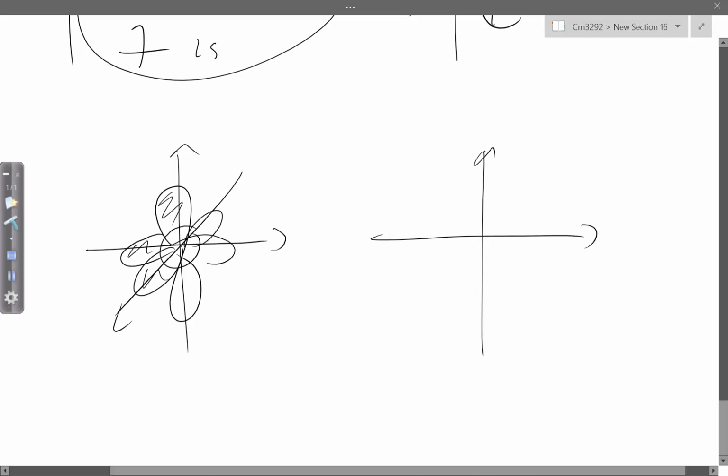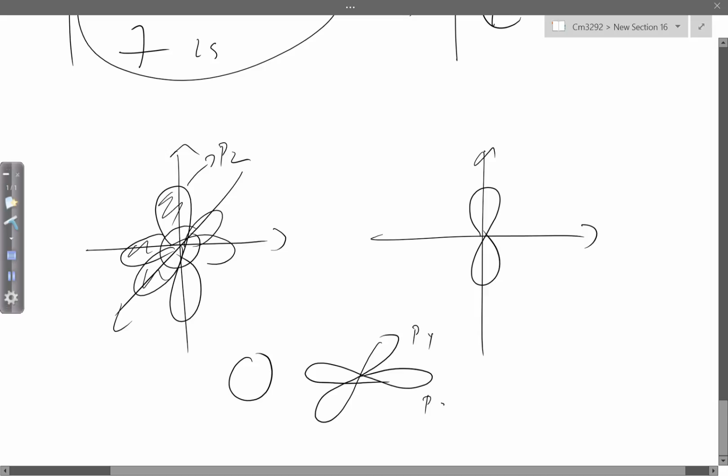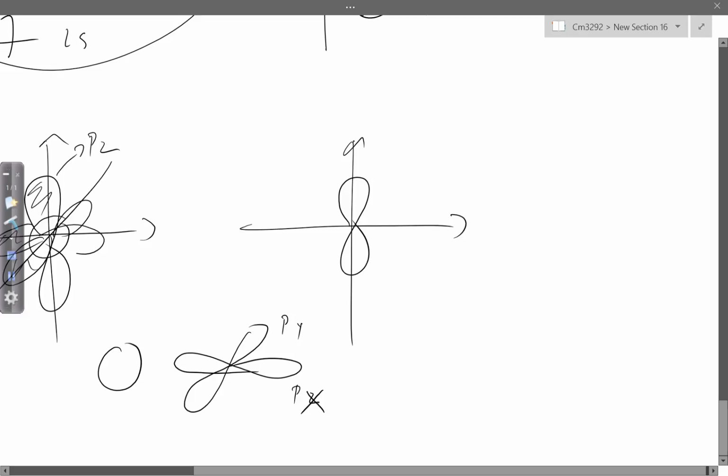So let's say this is your pz, and we didn't touch your pz, that means it should remain where it is, which makes sense, because you never touch it. The only things that you touch are the 2s, this, which is your py, and your px, right? So these 3 orbitals combine to form the sp2 orbitals.